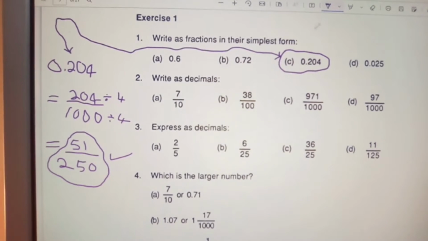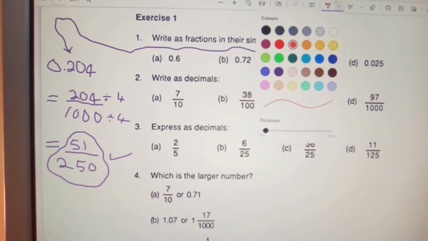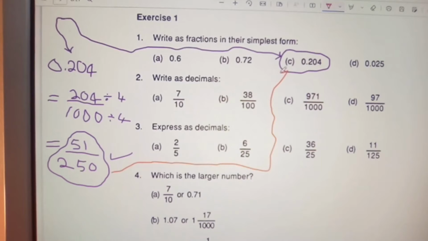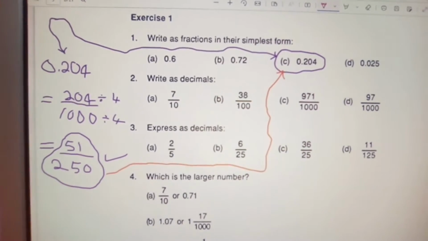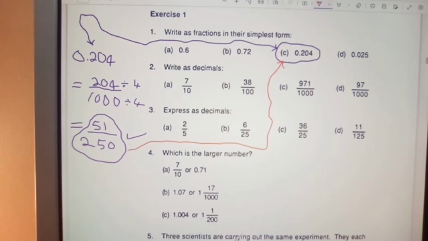Let me bring up a different pencil. Now I'm going to just ring it around to here. It's equal to that. And that's the process. That's how we begin to do this.